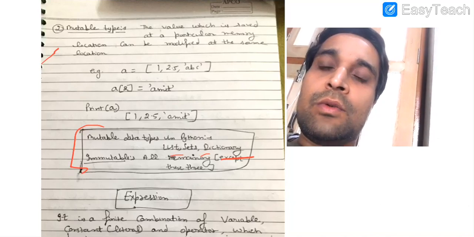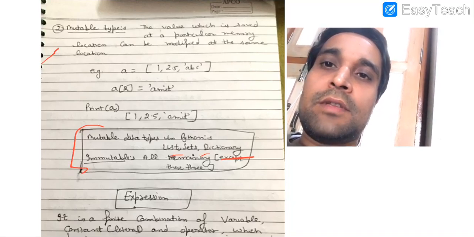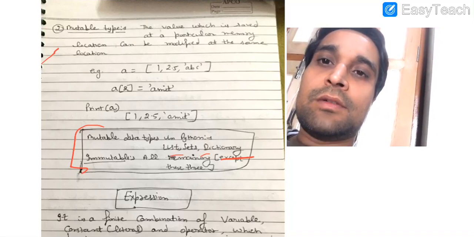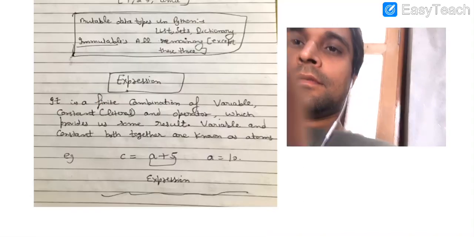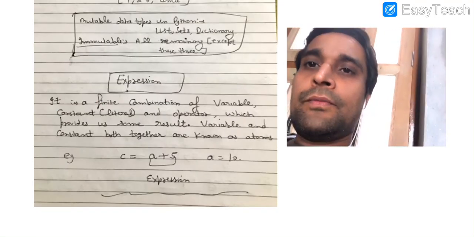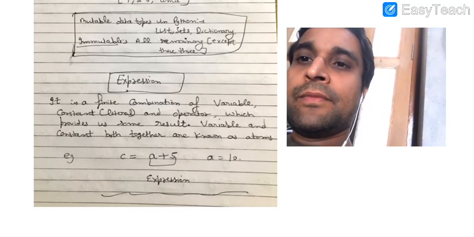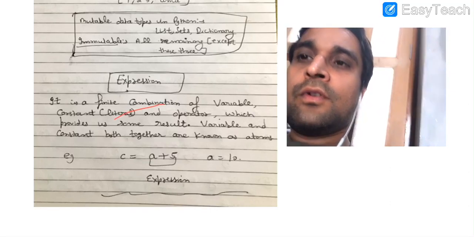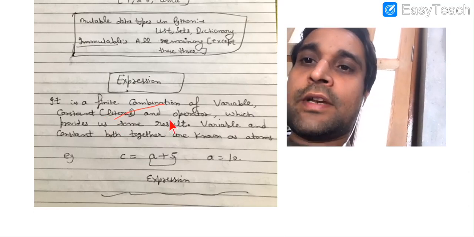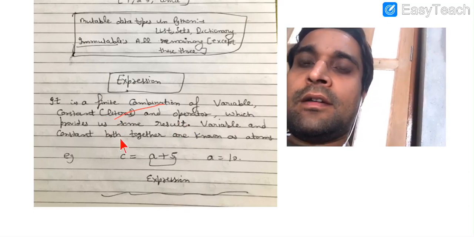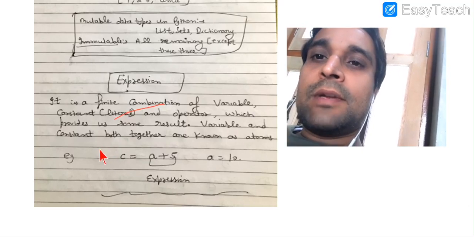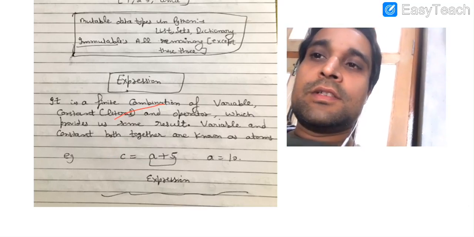And now we are going to discuss our next topic, expressions in Python. What do we mean by expression? An expression is basically a finite combination of variables, constants and operators, and when we evaluate an expression we get a result.